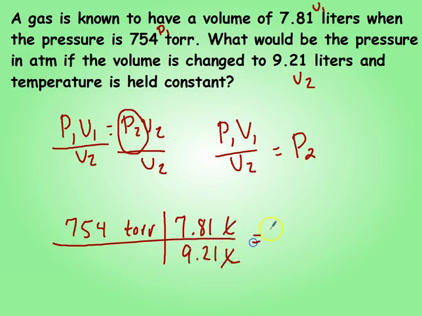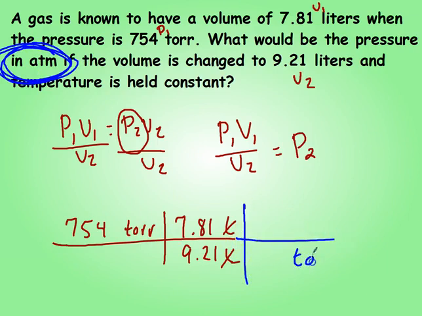Liters cancels out, so my answer is going to be in torr, but they don't want my answer in torr because it says, what is the pressure in ATM? So I'm going to have to change it. Even though I have torr left over, I'm just going to do one quick conversion, and I'm going to change it from torr to ATM. This is the number from the last video, so ATM will always have a 1, and torr will always be 760 whenever I'm converting.